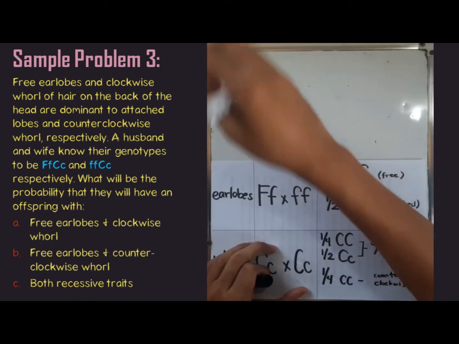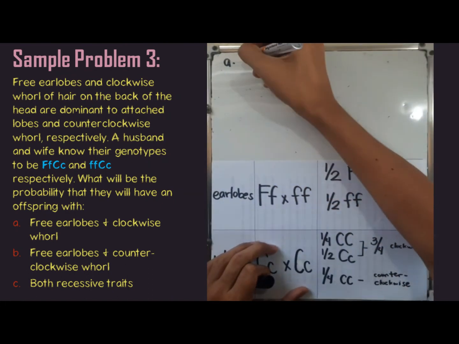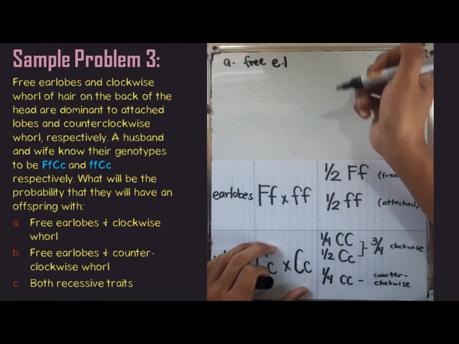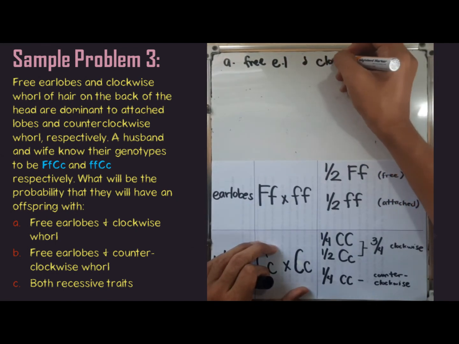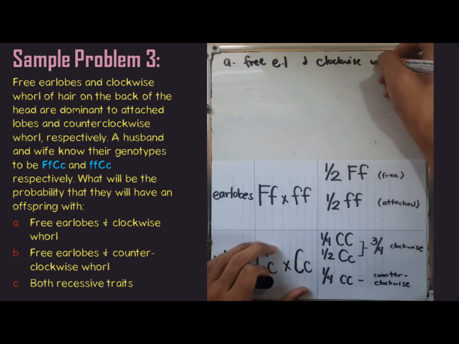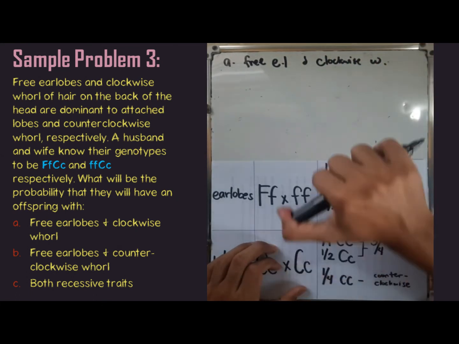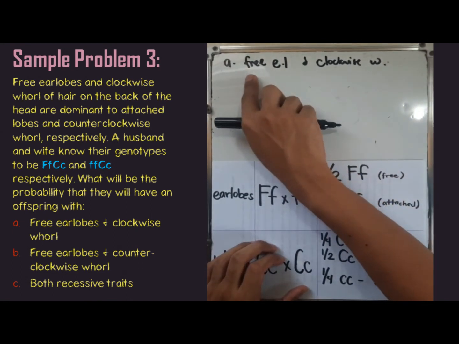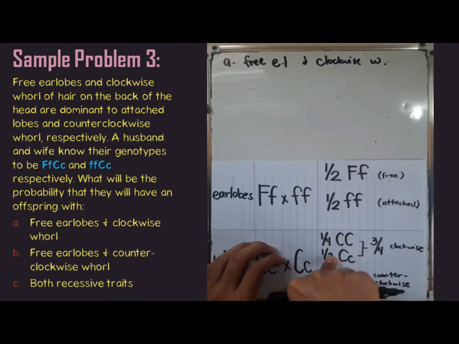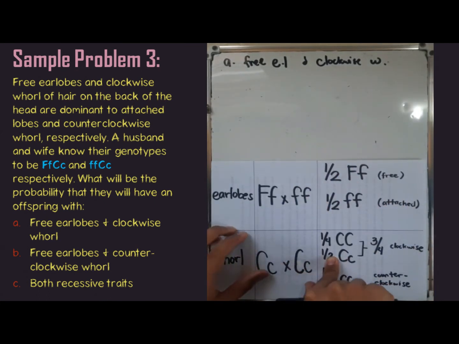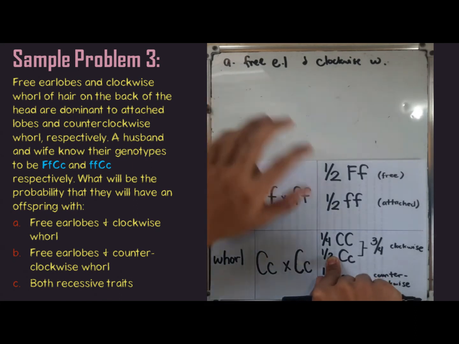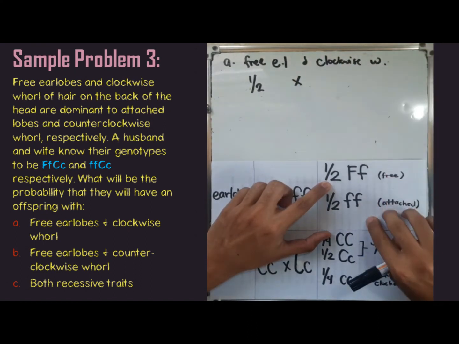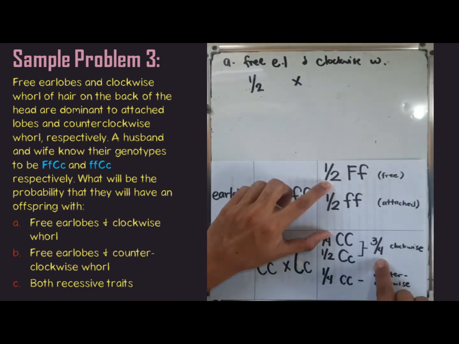According to letter A, what would now be the probability that your offspring would possess free earlobes, okay, and the presence of clockwise whirl? Now, we are going to consult once again the table that we created when it comes to the segregation and the independent assortment. So for the free earlobe, it is 1/2 probability. Then we're going to multiply this with the clockwise whirl probability that is equivalent to 3/4.